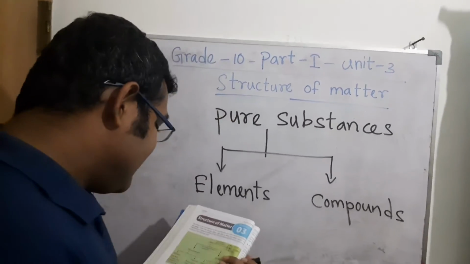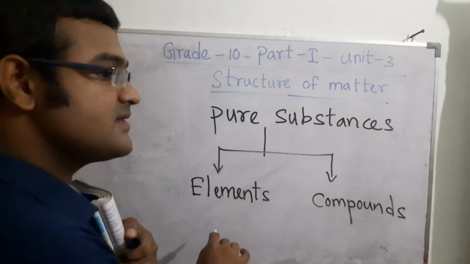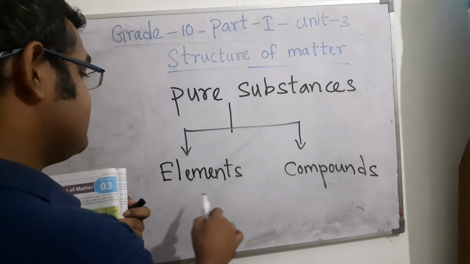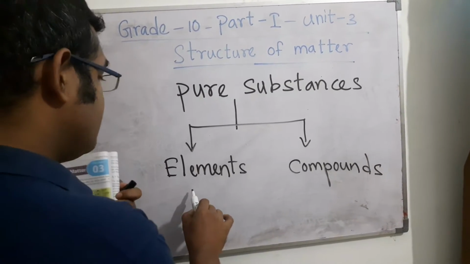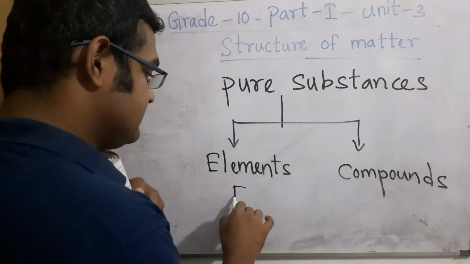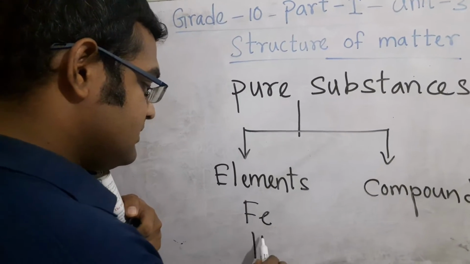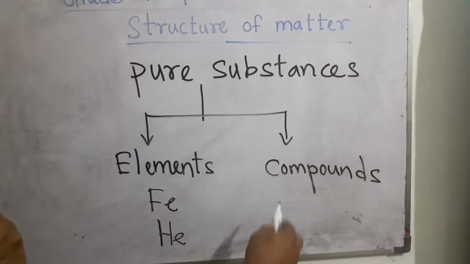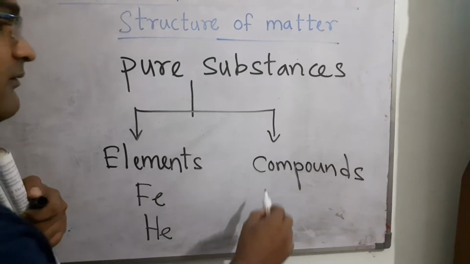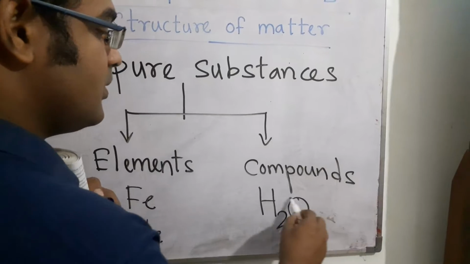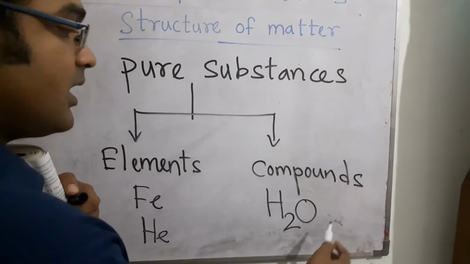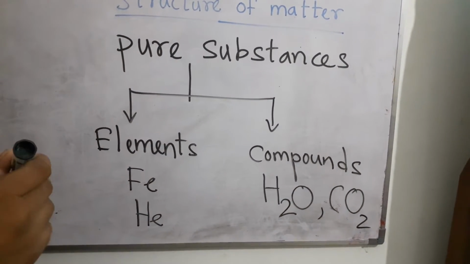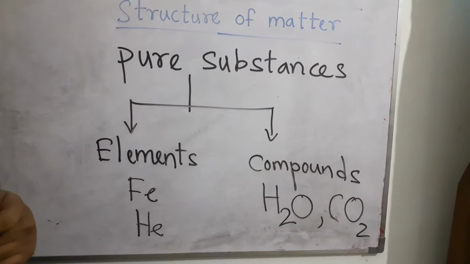Elements are purely elements, only single atoms are there, only one form, like iron, helium. Compounds have more than one element, like water, H2O, calcium carbonate or carbon dioxide. They are also known as molecules.